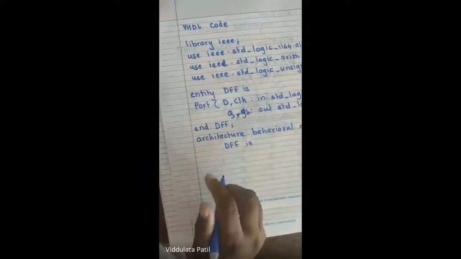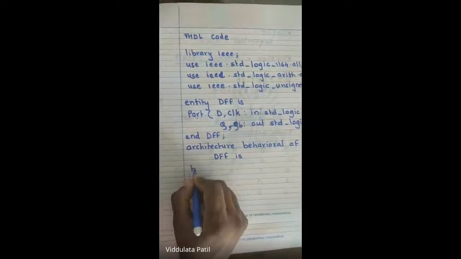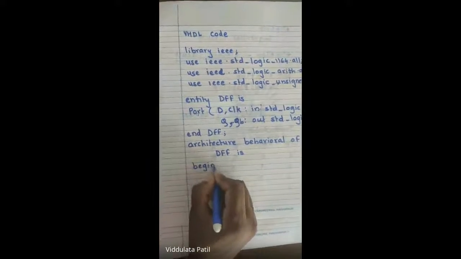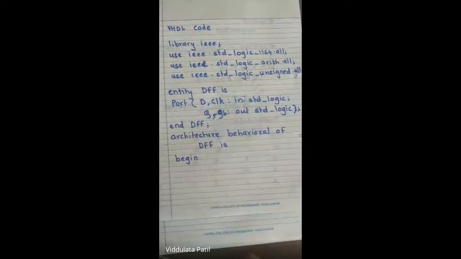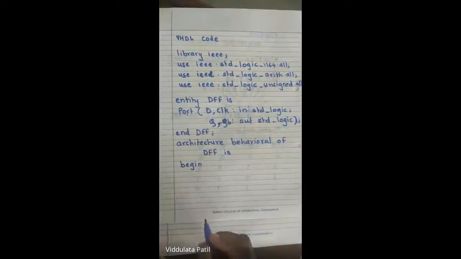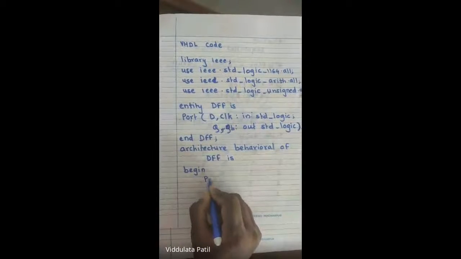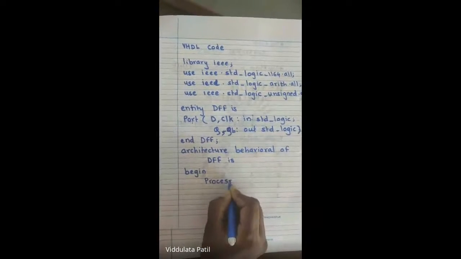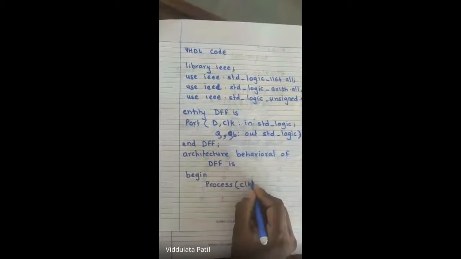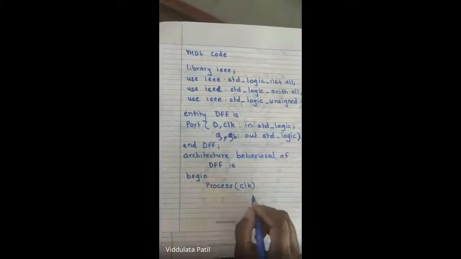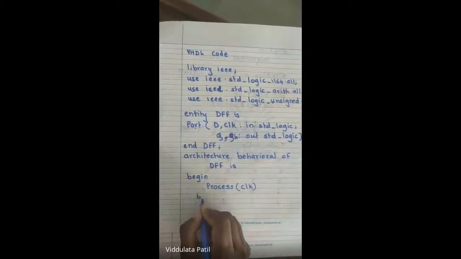And then we'll start. So begin. Now as we are going to use a behavioral model, we need to declare a process. And the sensitivity element in this process is clock. So here process clock and then begin.